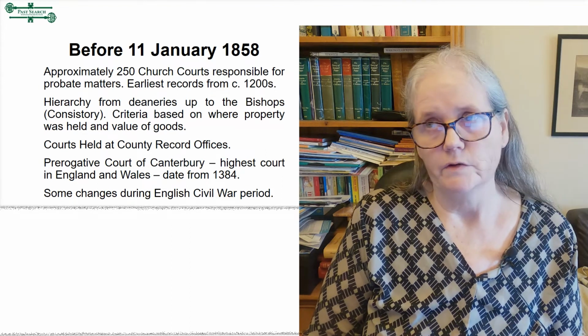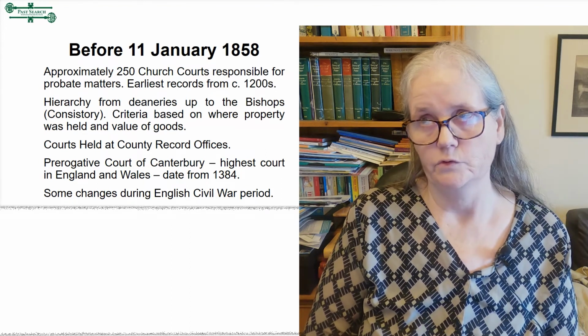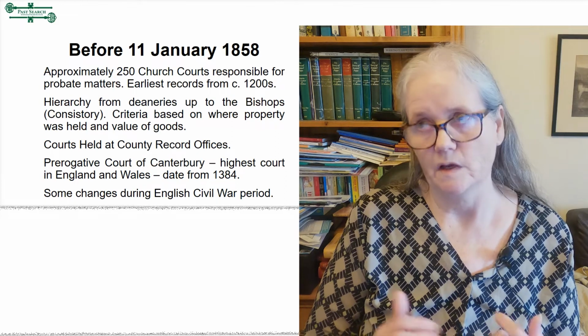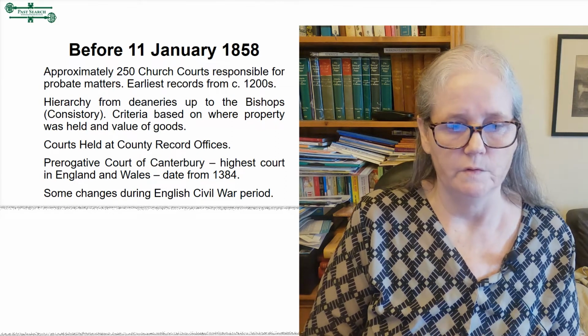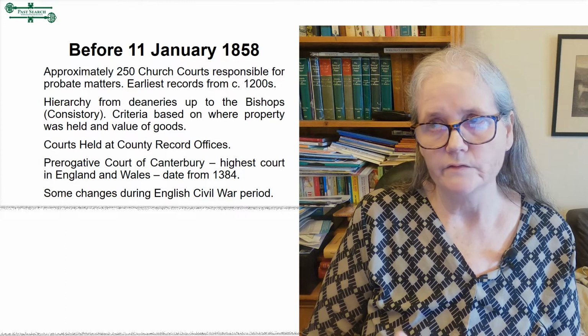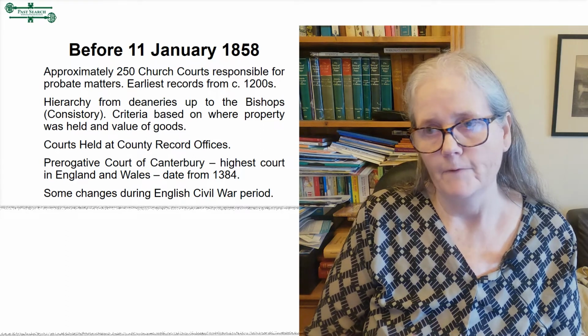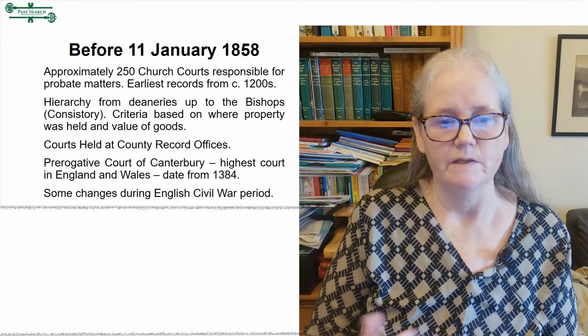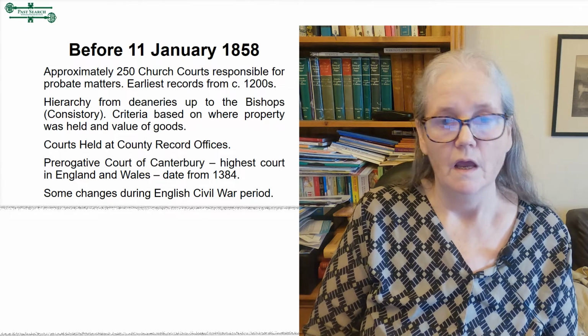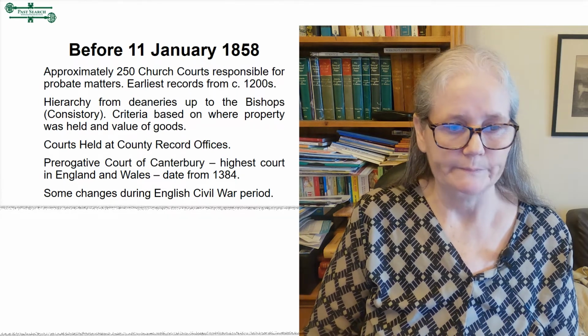And the earliest records can go back to the 1200s, although most date from the 1300s and 1400s onwards. So they are one of the main sources for going back before parish registers came into force in the 1500s, and also can help fill in gaps.